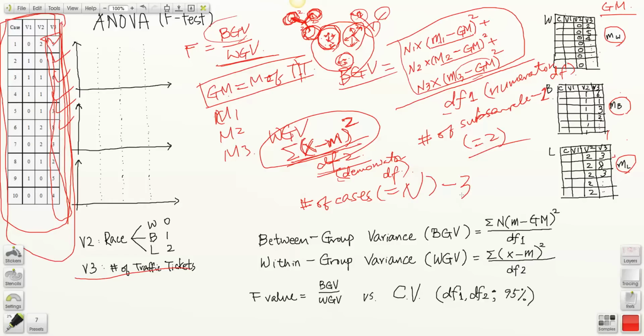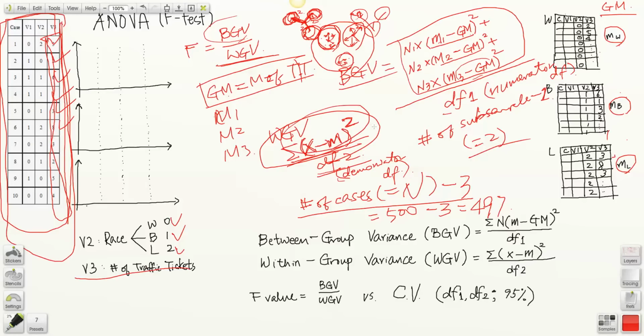The number of subsamples. That's going to give you that. So for example, you had 500 cases here. 500 cases minus how many subsamples do you have? To be exact, how many categories in your categorical variable do you have? 3. So it's going to give you this much.